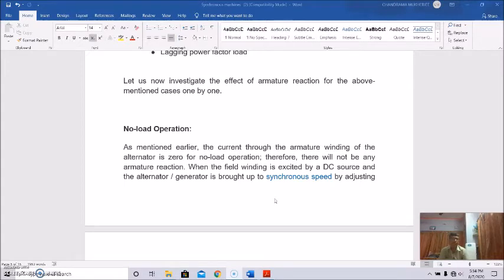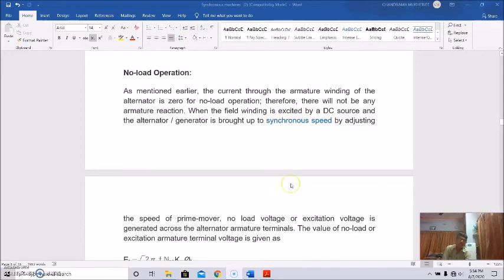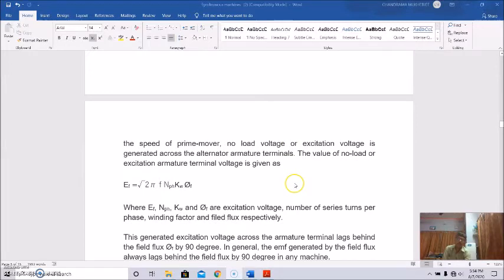When the field winding is excited by a DC source and the alternator is brought up to synchronous speed by adjusting the prime mover speed, the no load voltage or excitation voltage is generated across the alternator armature terminals. The value of this voltage we have already discussed in the equation of the generated EMF.